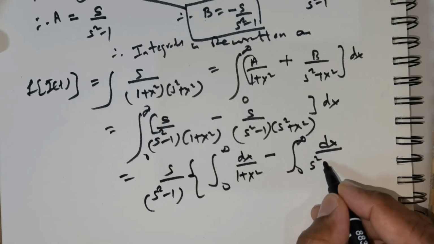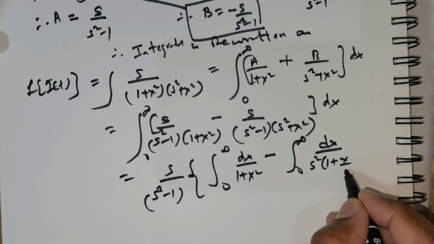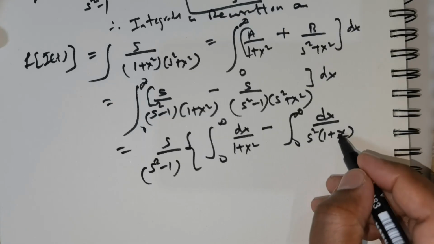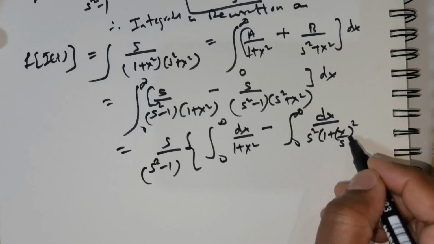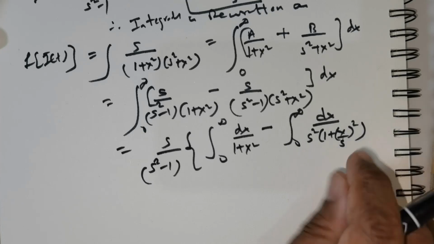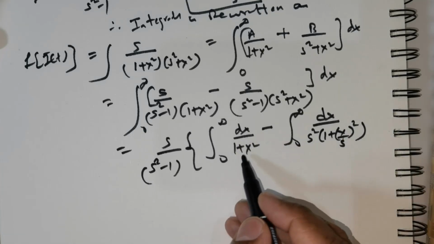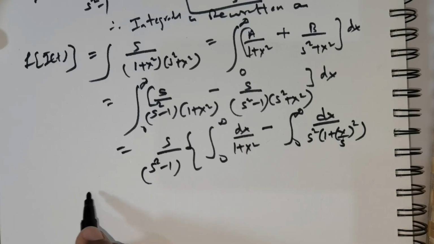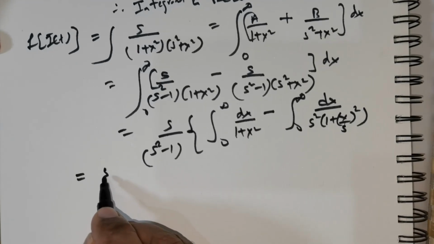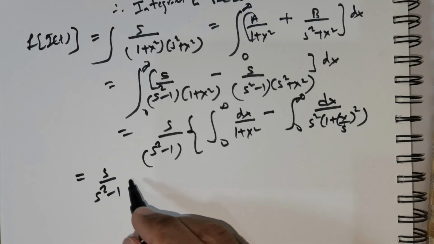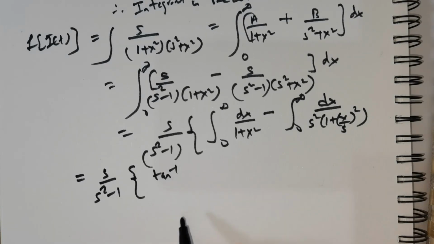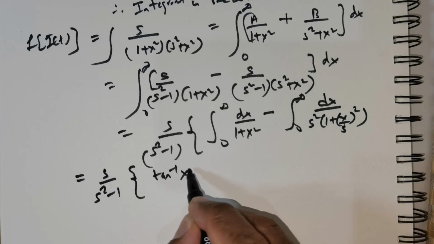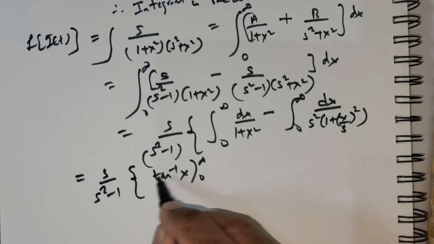Now I can take s² out, so that will be 1 + (x/s)². Of course there is a square there flowing through the entire component. Now what is this? This is nothing but tan inverse of x, right? So this is equal to s over (s² − 1) tan inverse of x. The limits are 0 to infinity.